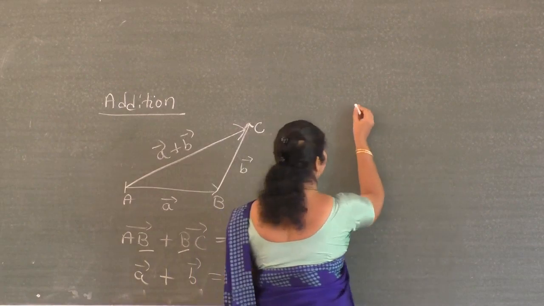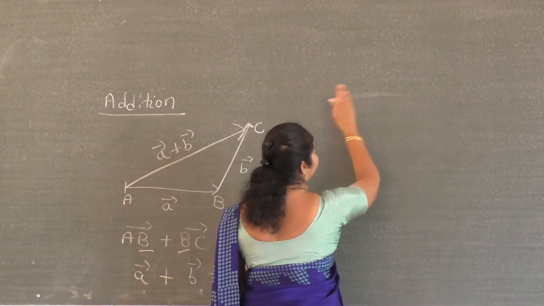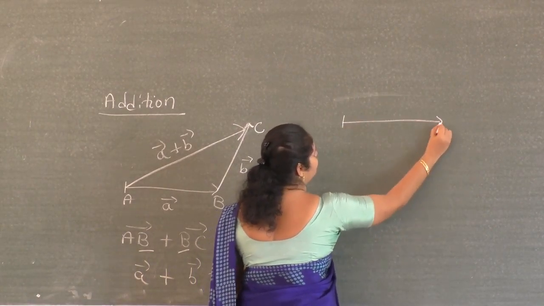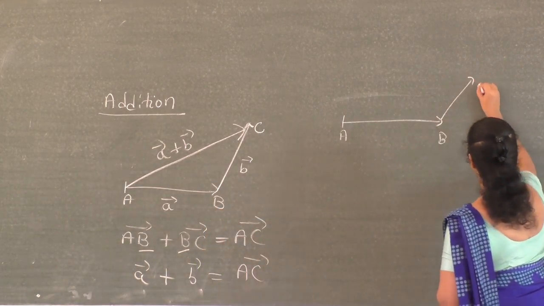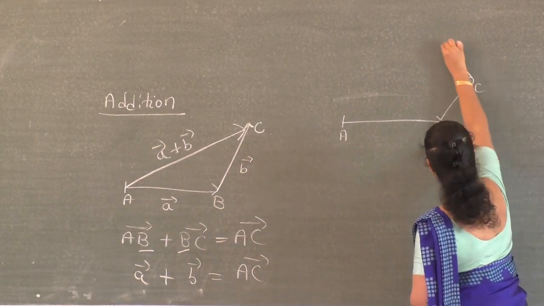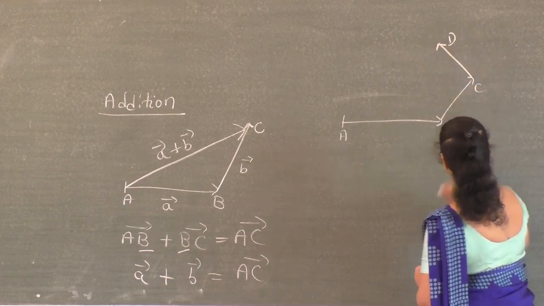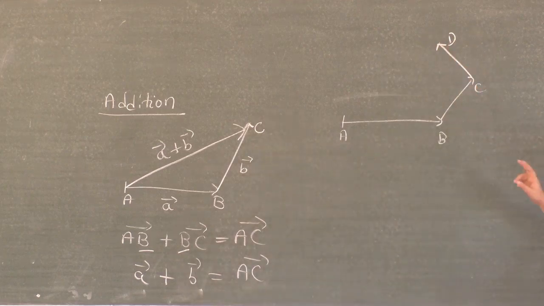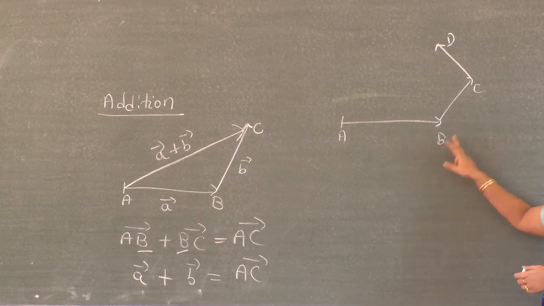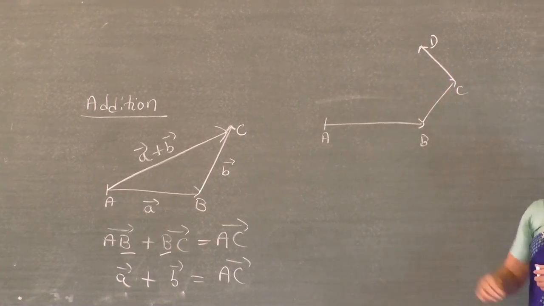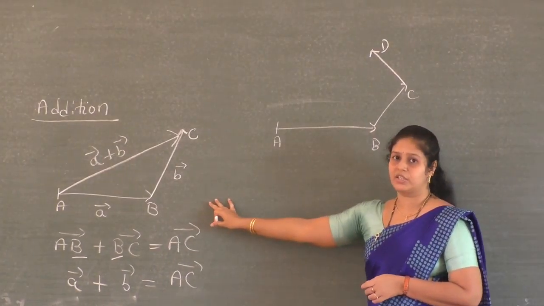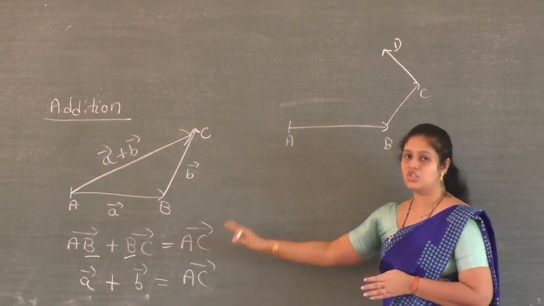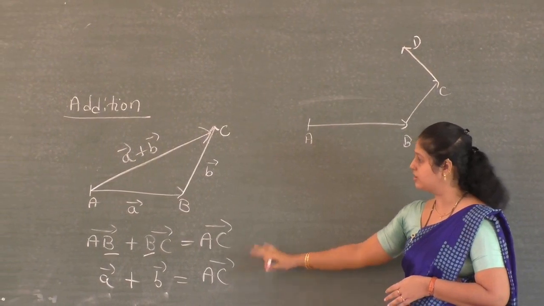Now for example, consider vector AB, vector BC, vector CD. So now you can see that three vectors are there: vector AB, vector BC and vector CD. How to add these three vectors? Now according to the triangle of vector addition, the initial and terminal points coincide.